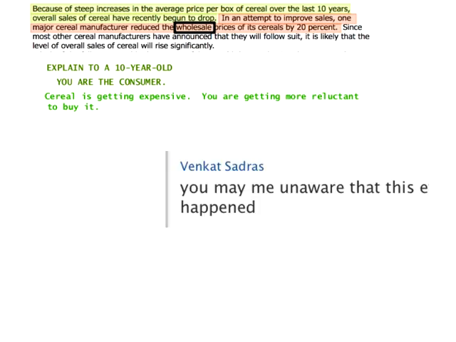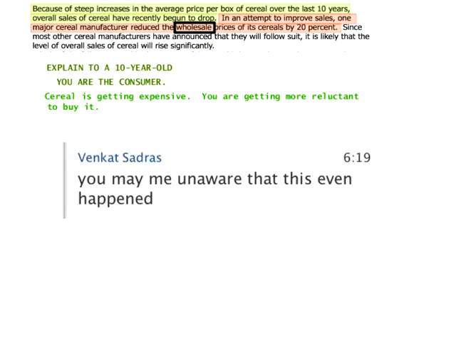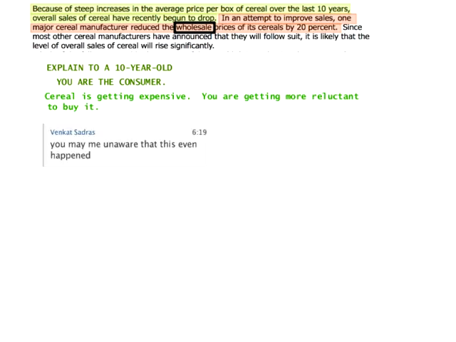There's this word here, which, aha, there we go. Venkat in the chat box captures the idea here. Wholesale is not a thing that you pay, because you are the consumer. I like the way Venkat wrote this: you may be totally unaware that this even happened. You still have to read the words carefully, but you need to think, aha, wholesale, does this mean anything to me as a consumer? No, it does not.